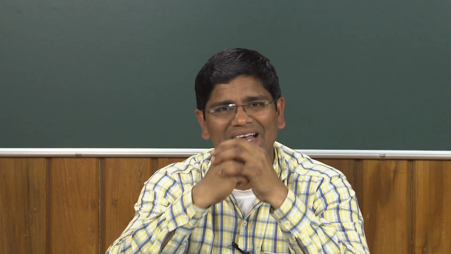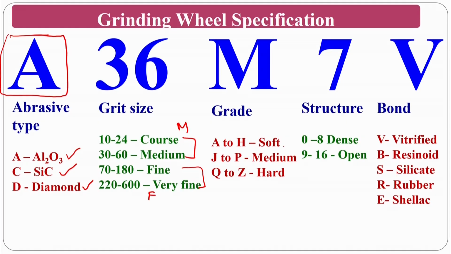A to H stands for soft grade, J to P stands for medium grade, and Q to Z stands for hard grade. The soft grade means the abrasive particle is held very lightly, so it can loosely delaminate from the bond.